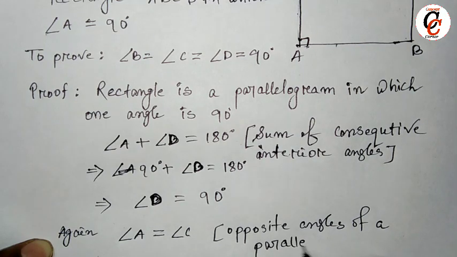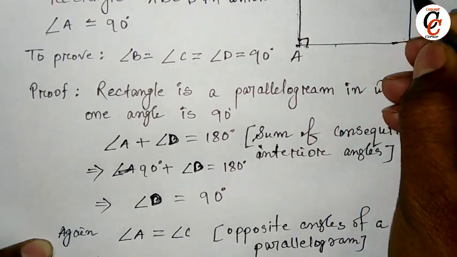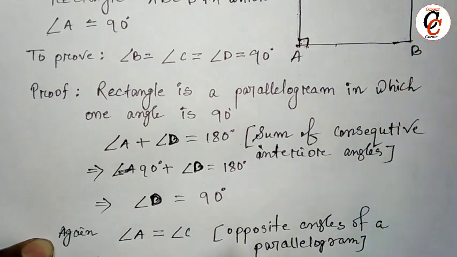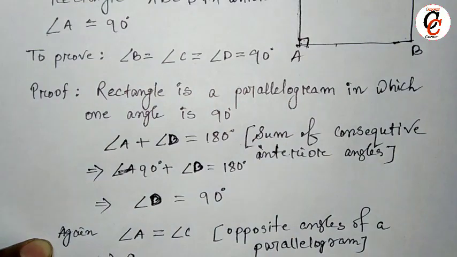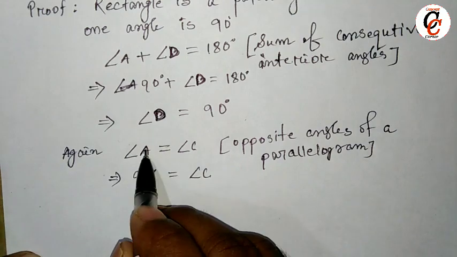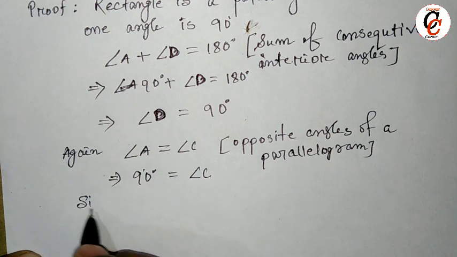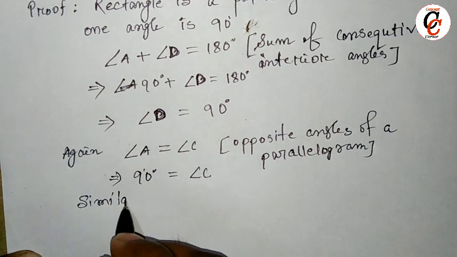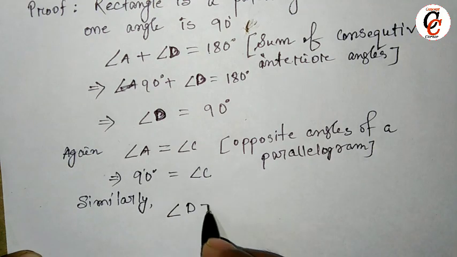We know that opposite angles of a parallelogram are equal. So opposite to angle A is angle C. So angle A will be equal to angle C, and angle A is 90 degrees. We have taken 90 degrees. So angle C is also 90 degrees, since angle A is 90 degrees already taken. Similarly, angle D is equal to angle B.